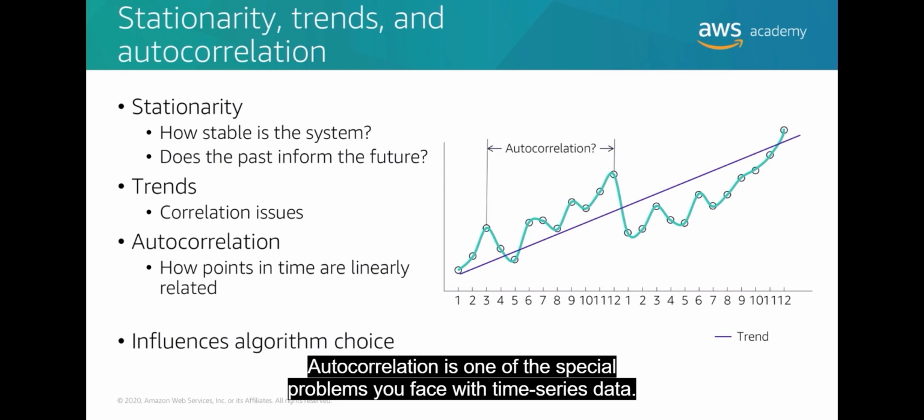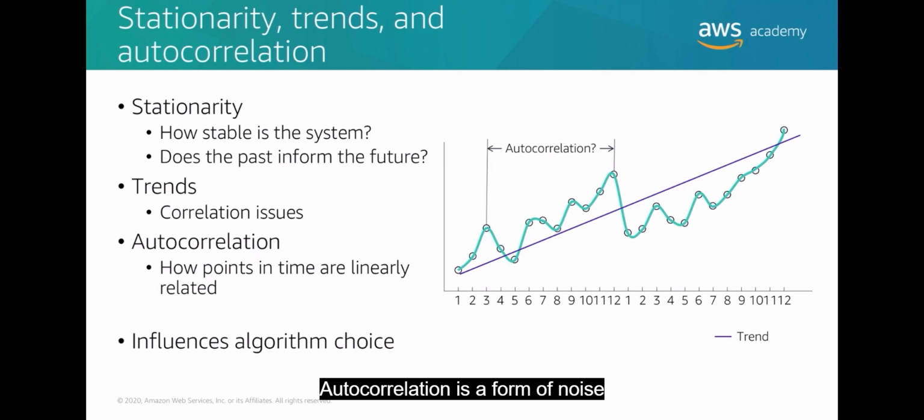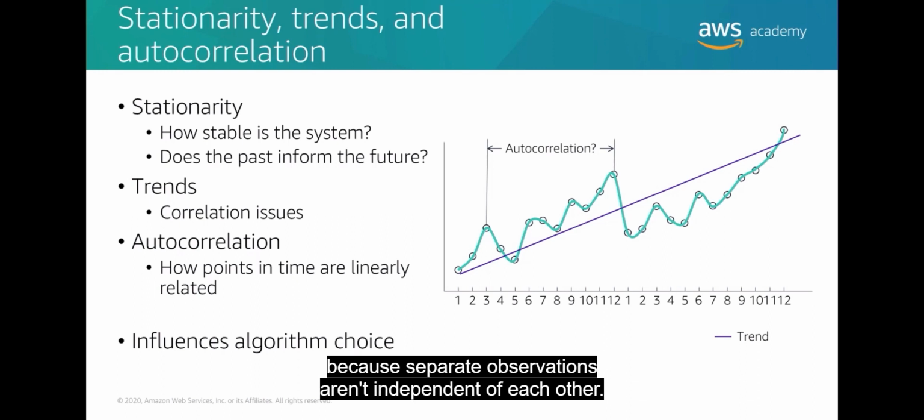Autocorrelation is one of the special problems you face with time series data. As you've seen in other machine learning problems, the goal of building an ML model is to make sure you're separating the signal from the noise. Autocorrelation is a form of noise because separate observations aren't independent of each other.